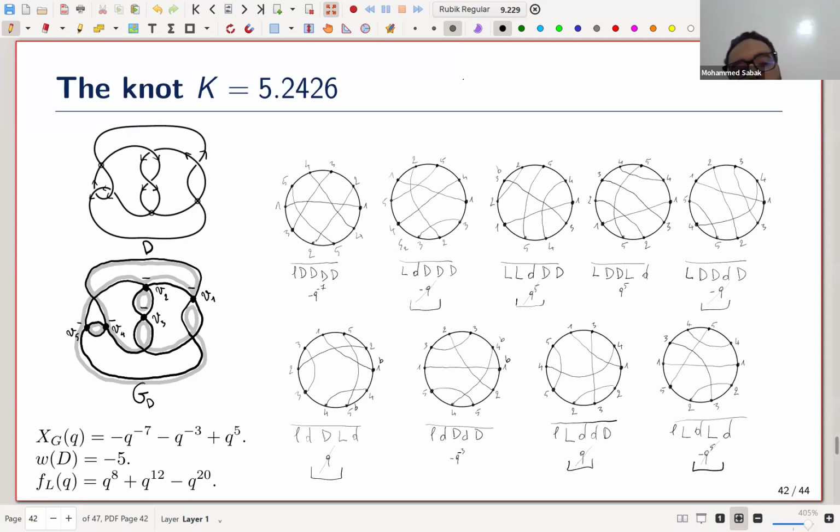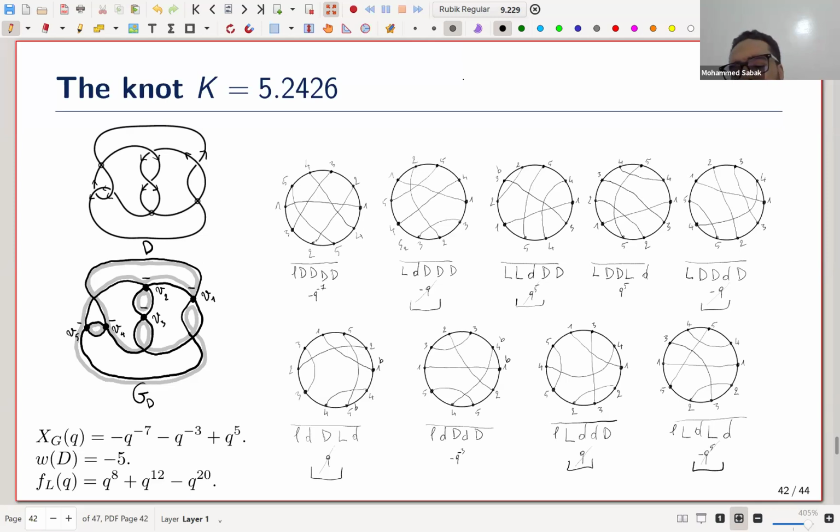So this phenomenon, meaning that we have Euler circuits of the shadow graph of an alternating virtual link that give us opposite monomials, does not occur in the classical case.